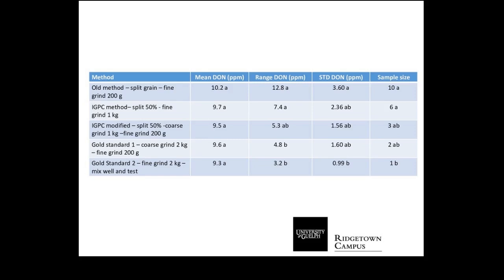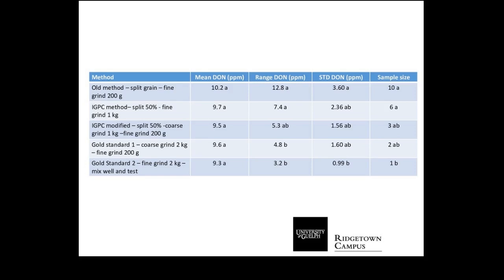This table shows you the results, and what we had were 5 methods of grinding, splitting grain, and so on to see what variation we could try to remove in the process. And so the first method was the old method where we split the grain and then we fine ground 200 grams.